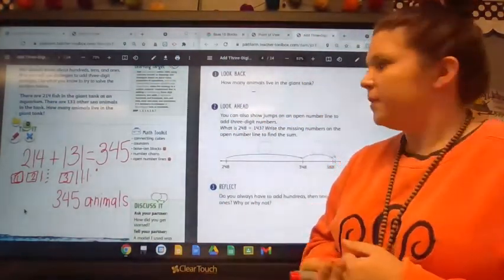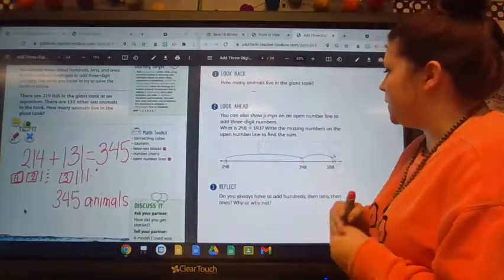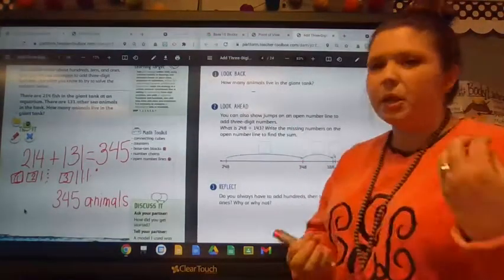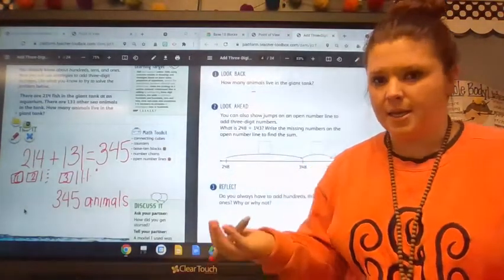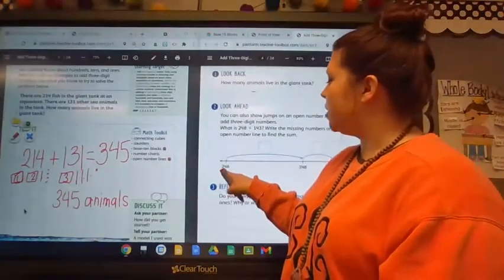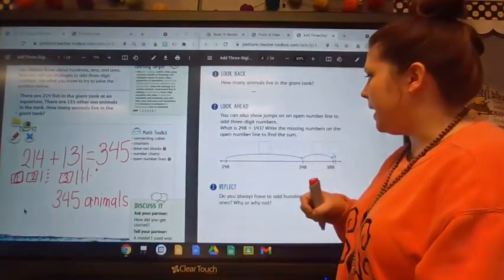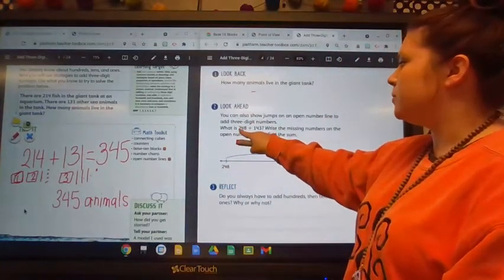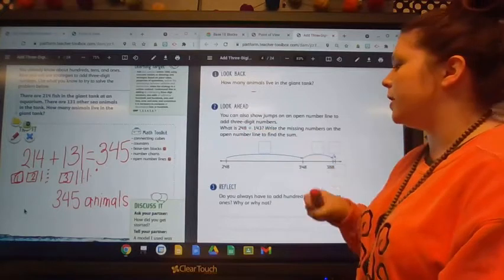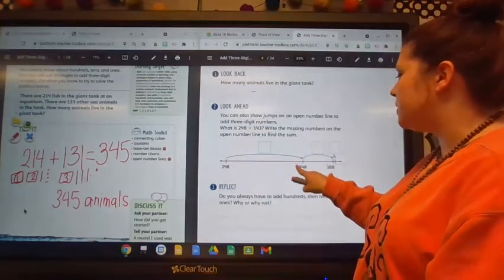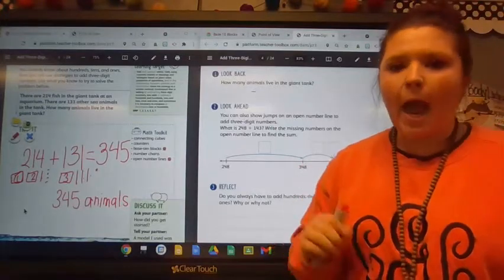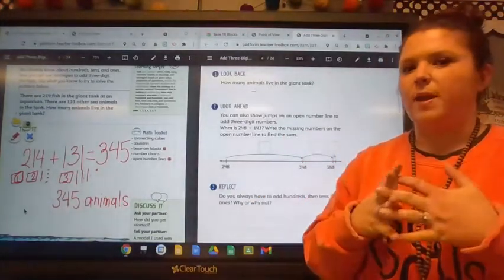So, how many animals live in the giant tank? 345. Now, we can also use a number line here and apply what we learned last week with adding hundreds and adding tens. So here we started with 248. This is giving us a new problem, 248 plus 143. If we're at 248 and we want to get to 348, how much is the distance between there?